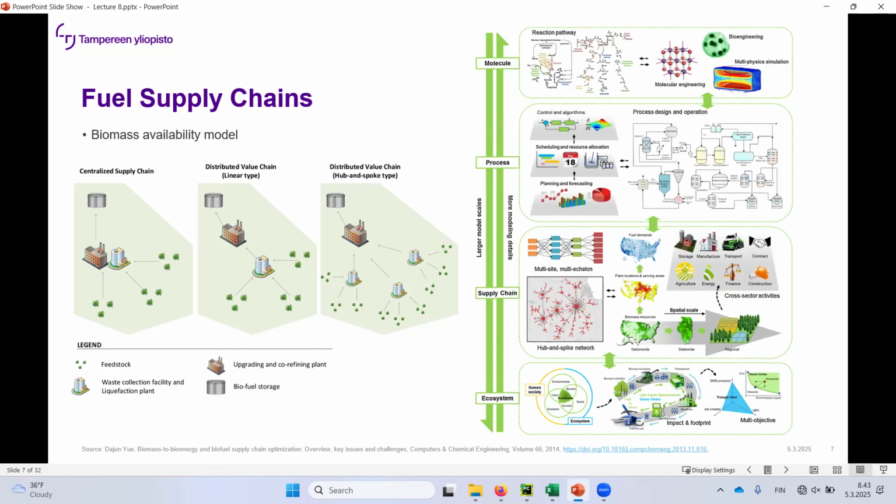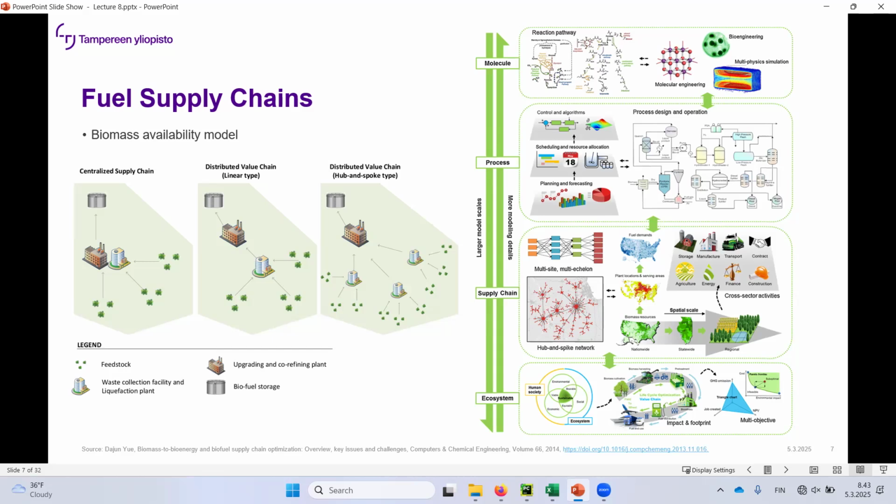There's a couple of publications that I put in here, and the other one represents a really good idea on how you can scale up the analysis related to this biomass modeling. So starting from the molecule, you have the reaction pathways and so forth that affects, for example, the heating value of the system.